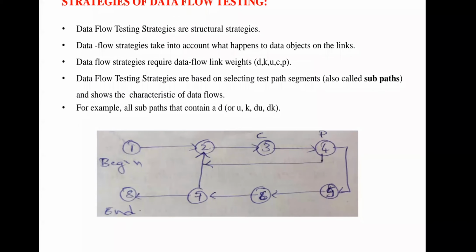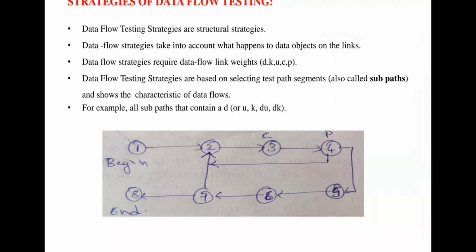These weights have to be represented to represent a data flow. To apply a data flow strategy also, the data flow has to be represented like this. Data objects are linked from one object to another through a link with some weight.